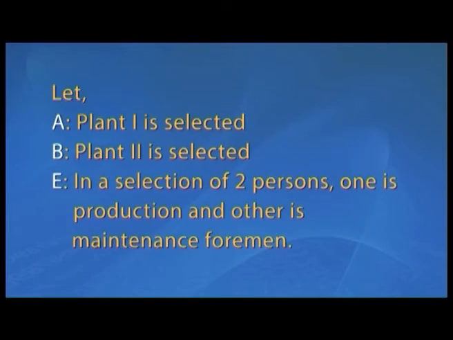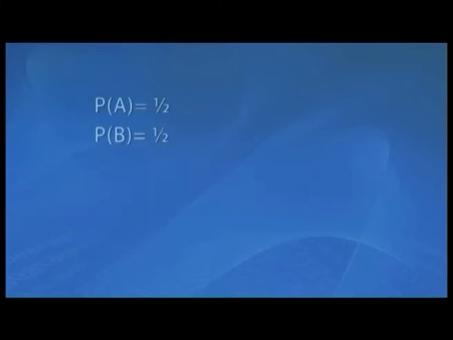Let A denote plant 1 is selected and B denote plant 2 is selected, and E denote in a selection of 2 persons, one is a production and the other is a maintenance foreman. Since there are 2 plants, the selection of each being equally likely, we have probability of A is equal to half and probability of B is also equal to half.